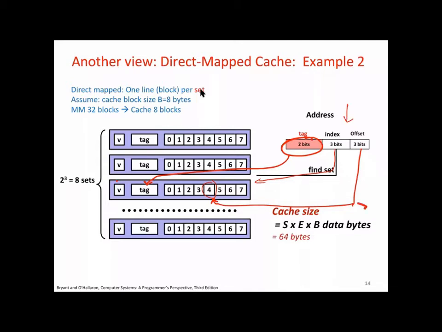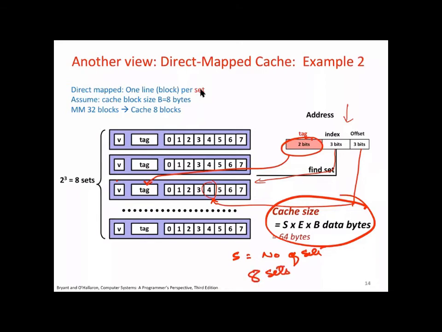Now, this is the same thing that we have discussed. What is going to be the cache size using this kind of terminology? What is S? S is the number of sets. How many sets do we have? We have 8 sets.